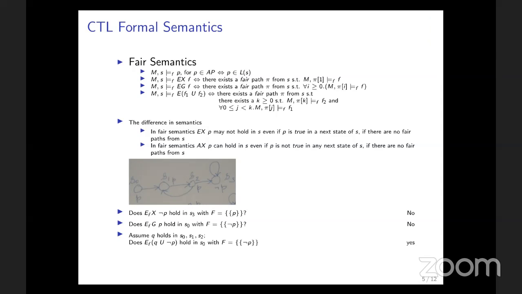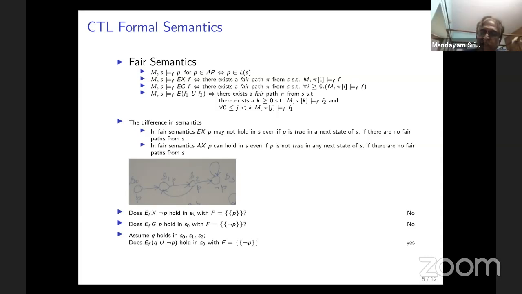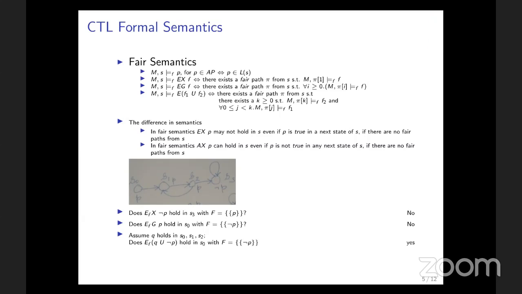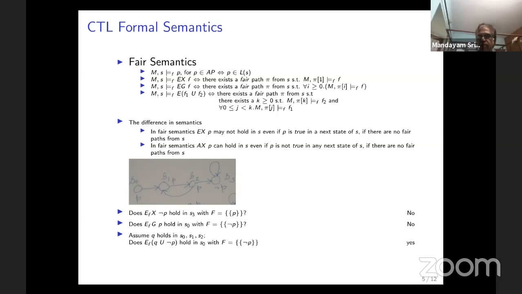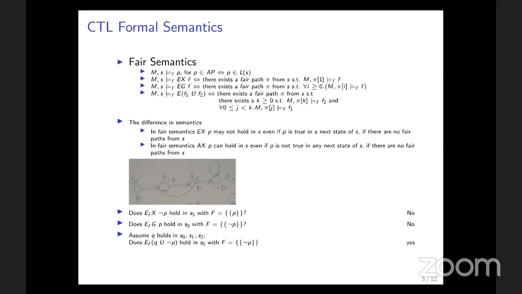So when we specify a fairness condition for a Kripke structure, are we specifying a set of states which have to be visited infinitely often, or a set of labels which have to be true infinitely often?